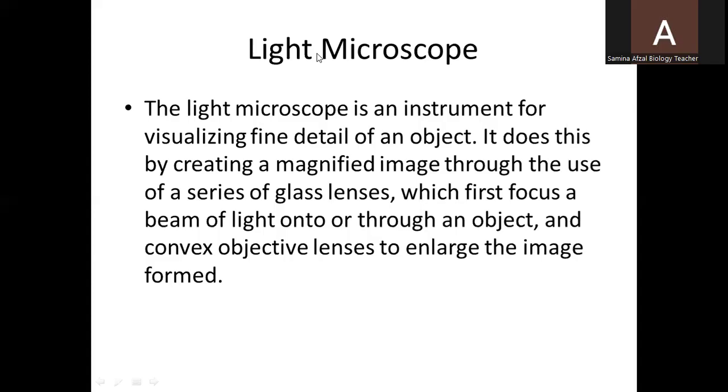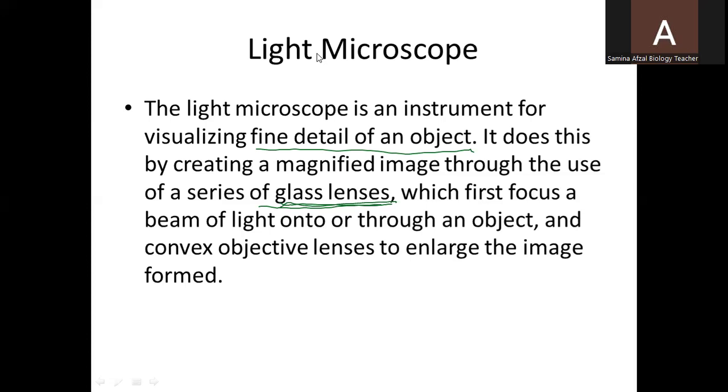So this is to study the fine details of an object kept under the microscope. It does this by creating a magnified image through the use of a series of glass lenses. It means the magnifying lenses are part of the light microscope.